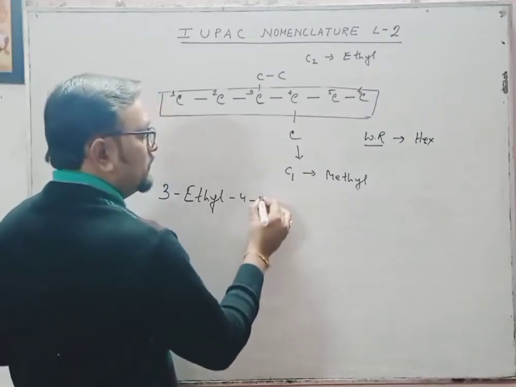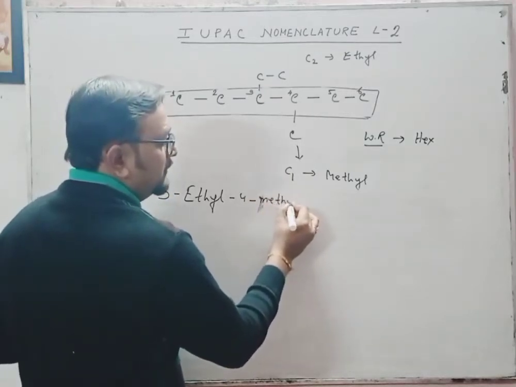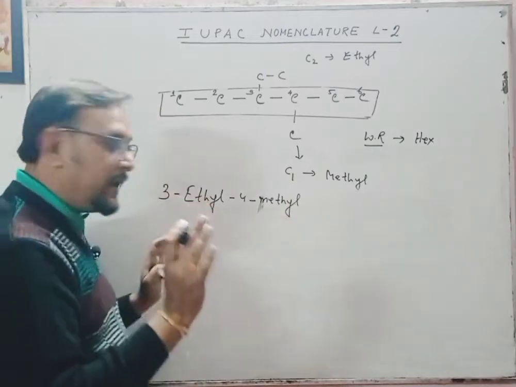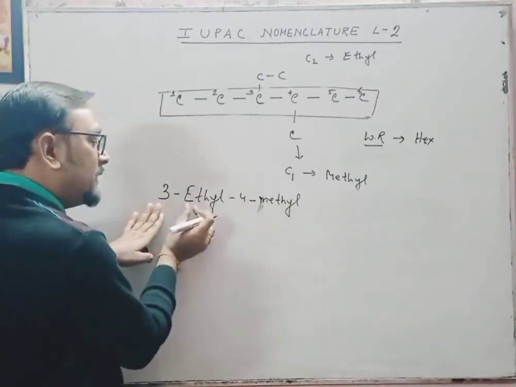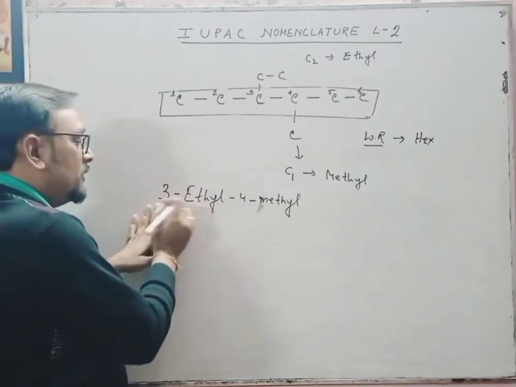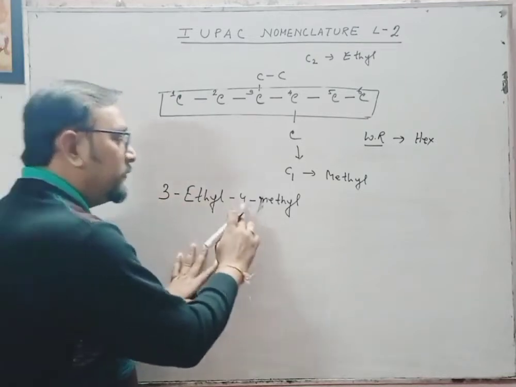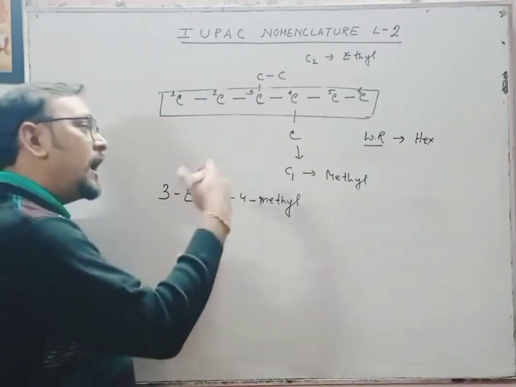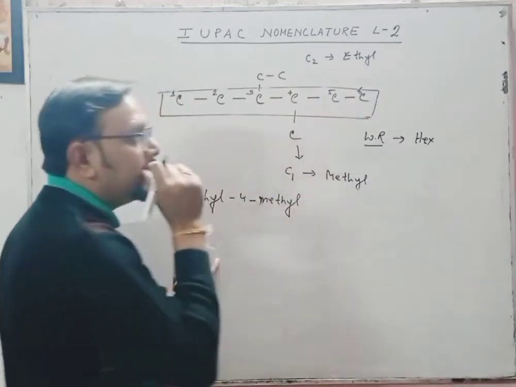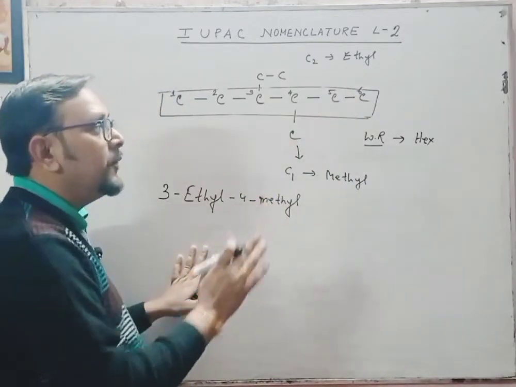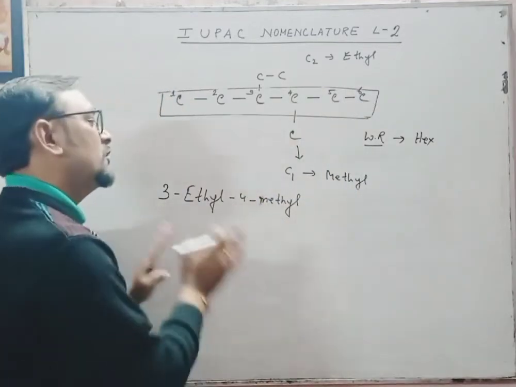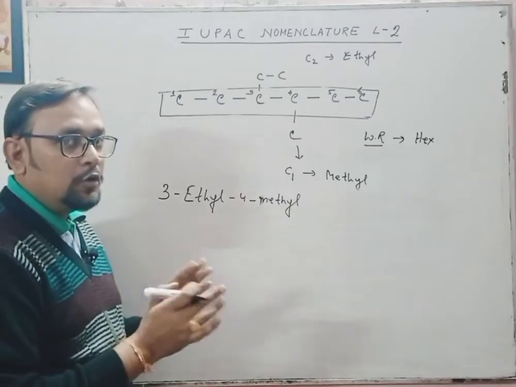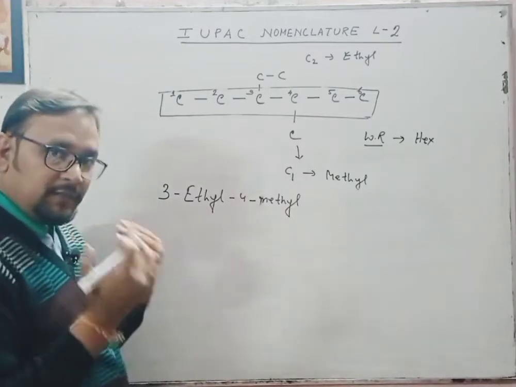Methyl. So still here I hope it is clear. 3-ethyl, see, I have started with E because E comes first. So 3-ethyl, then 4-methyl. After that, any more substituent or any more group? Any double bond, triple bond? No, nothing is there. So directly the word root with the suffix.